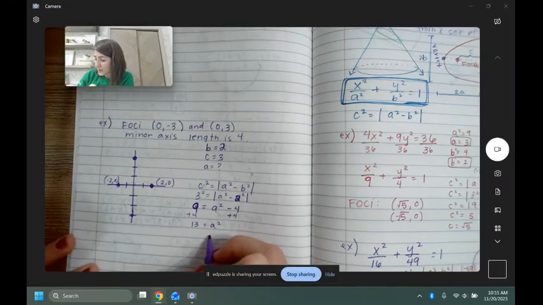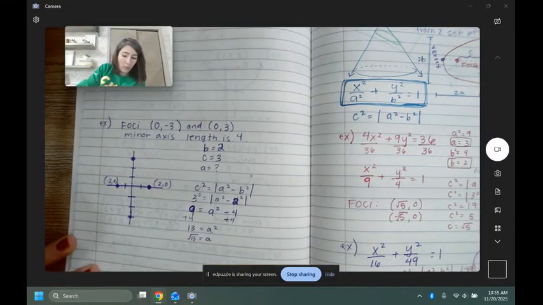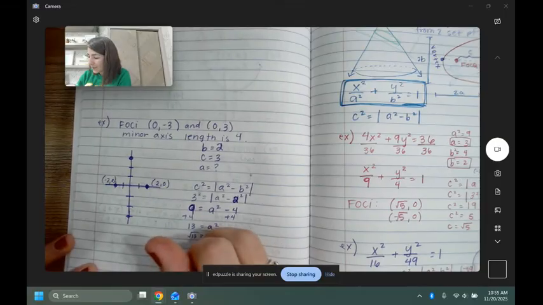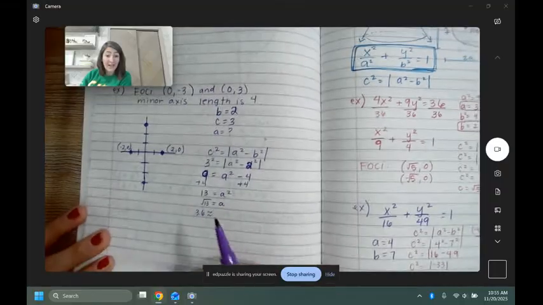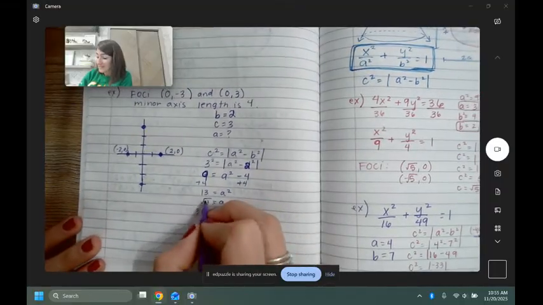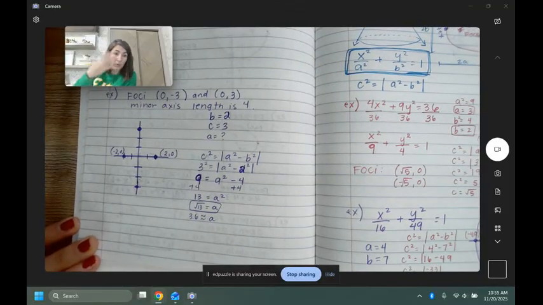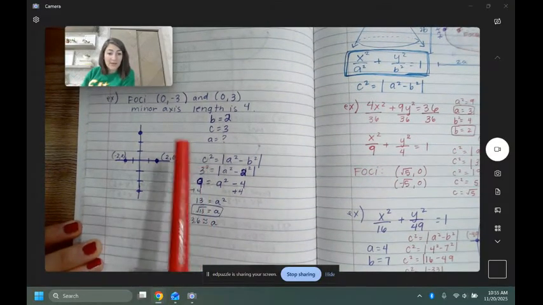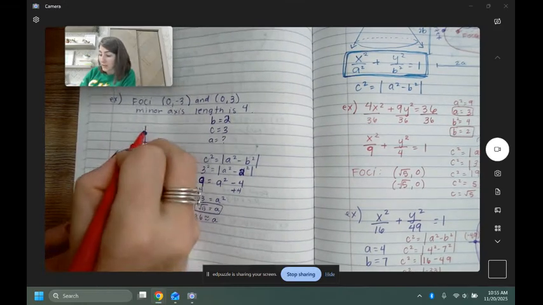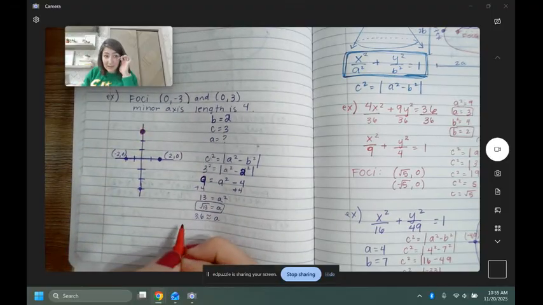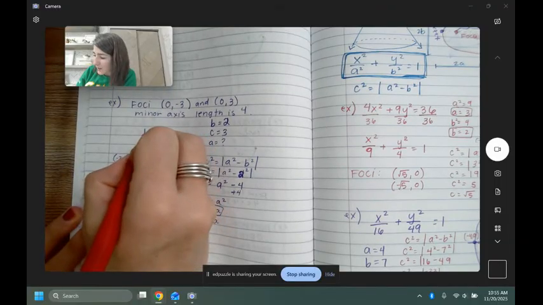A squared is 13, so A is the square root of 13, which is about 3.6 for graphing purposes. Thank goodness I have a hint that this is correct because it is a little bit taller than the focus. If it were less than 3, then the focus would be outside of the ellipse, and I would know that's not correct.